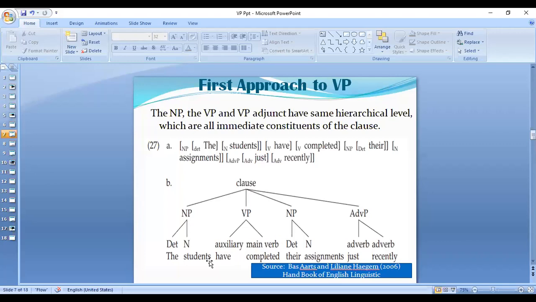For example, the students is a noun phrase, have completed is a verb phrase, their assignment is a noun phrase, and just recently is an adverb phrase. These are in the same hierarchical position. So by this approach, we can say that verb phrase is one of the important constituents, or elements, of the clause or sentence.